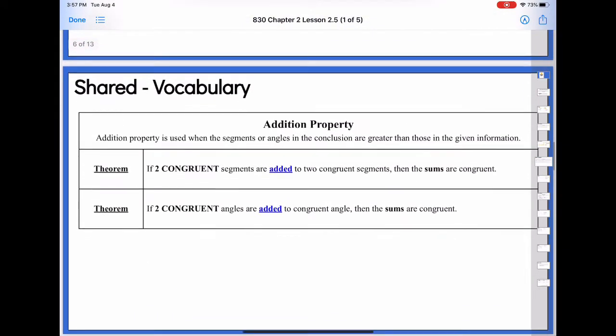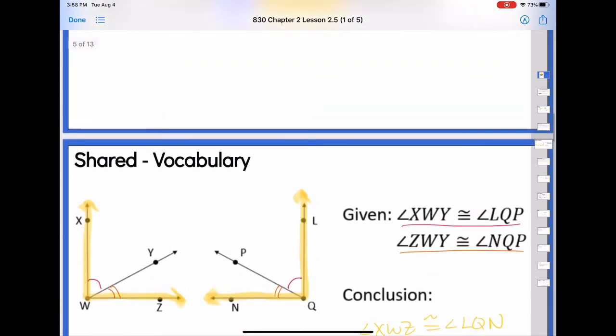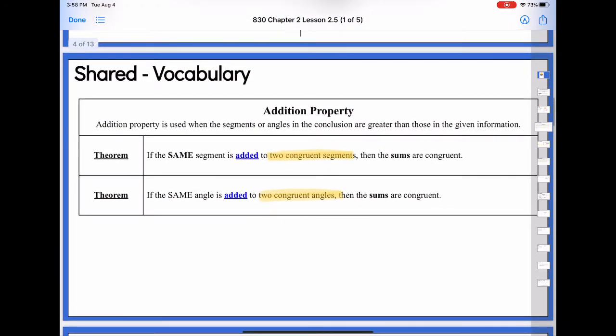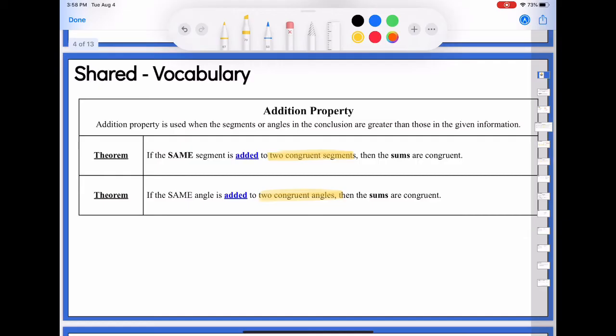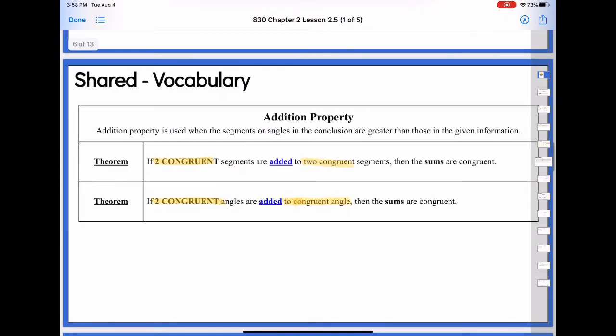So this one we have, if two congruent angles or segments are added to two congruent angles or segments, then the sums are congruent. So in the first set of addition properties that I showed you, we were adding the same angle or segment, right? And in this second set, I'm adding two congruent to two congruent.